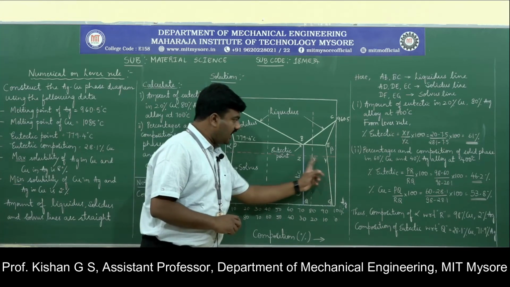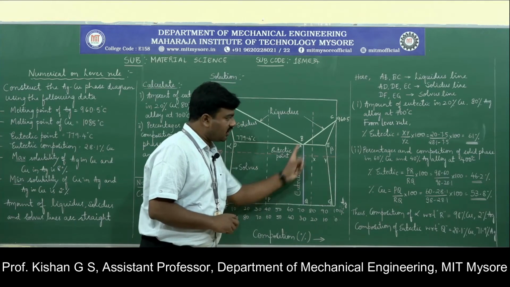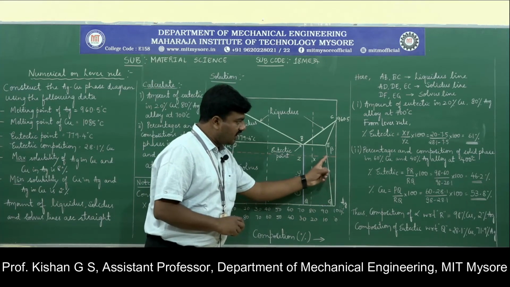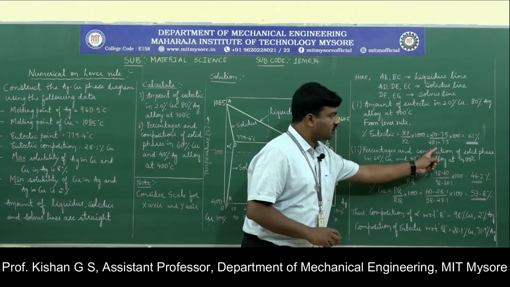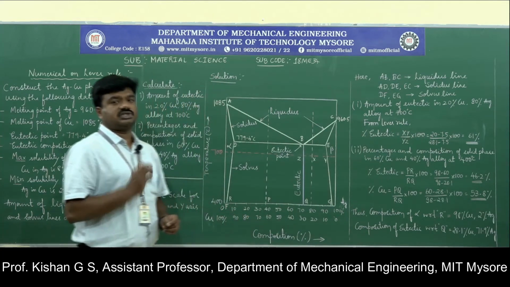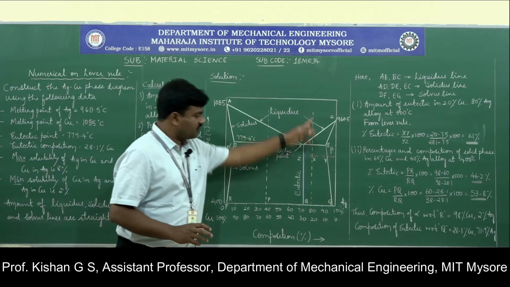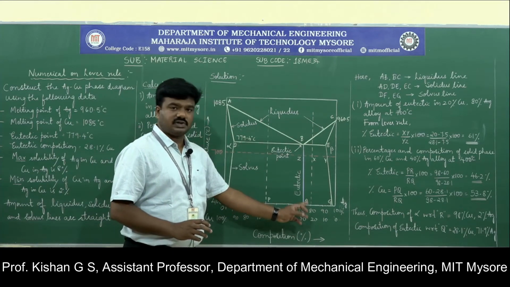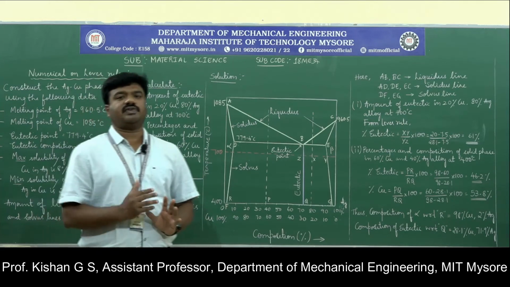So 28.1, that is from z to the reference, minus the reference to y, 7.5. So that represents 28.1 minus 7.5. Hence the percentage of eutectic is 61% with respect to 20% of copper, 80% of silver at 700 degrees Celsius. This is the first point.